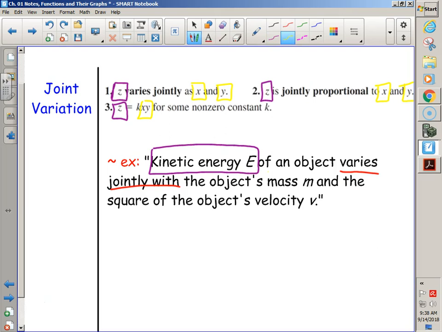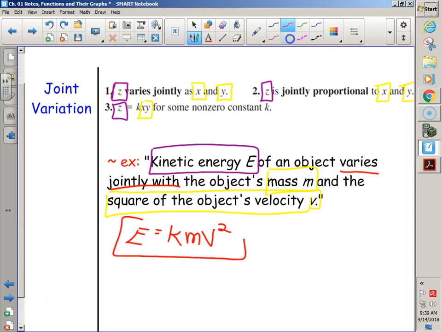So we have the mass, and we have what? The square of its velocity. Ooh, the square of its velocity v. So how can we translate that? Okay. Got it. Does that make sense?